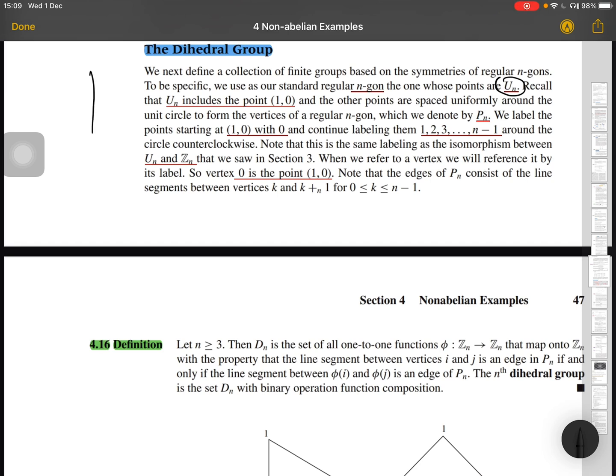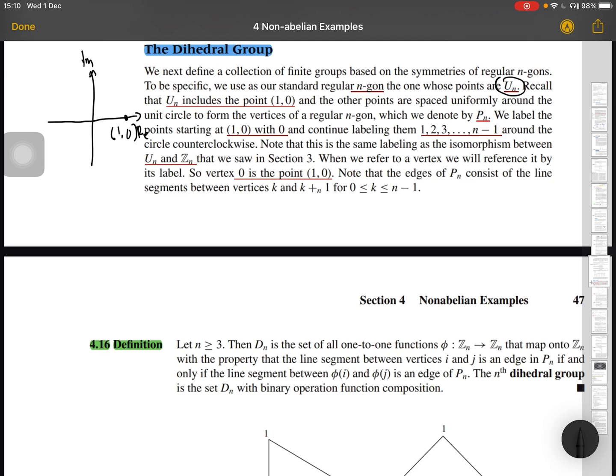Recall from your nth roots of unity, if this is your imaginary axis and this is your real axis, you always start at (1, 0) as your first point. And then the other points are uniformly spaced around the unit circle to form the vertices of the regular n-gon.